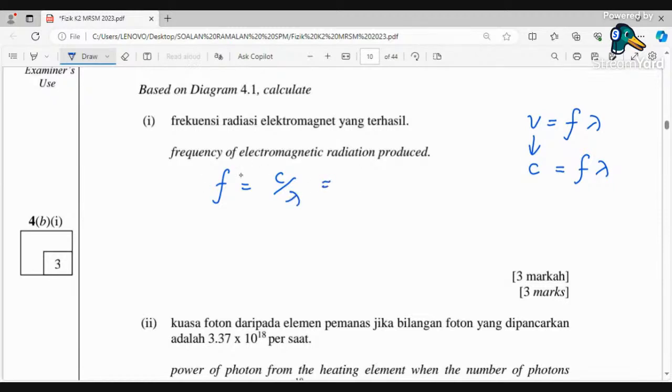What is C? Check list of formula. 3 times 10 power 8 divided by 780 nanometer. Nano kena convert ke meter.